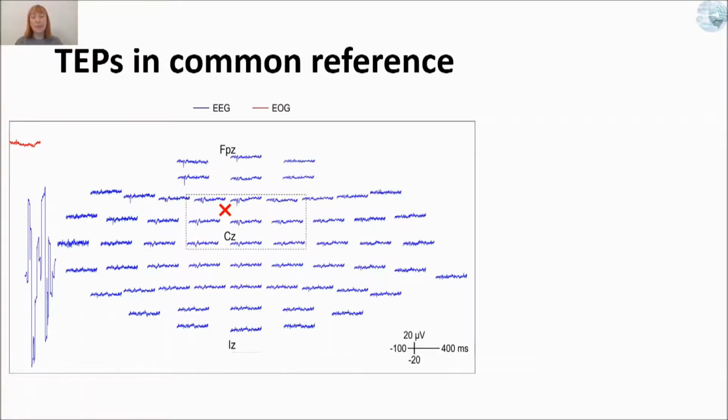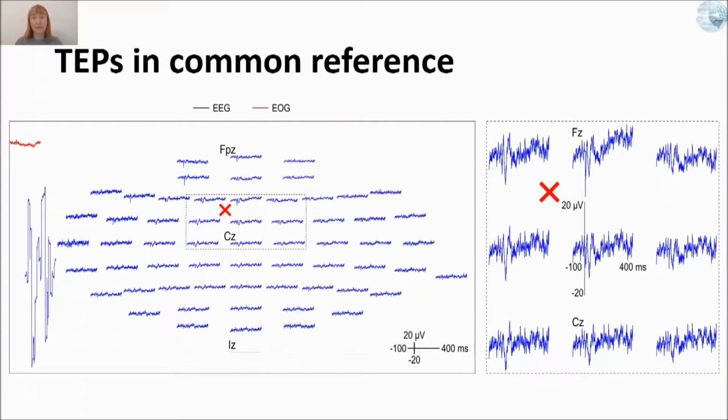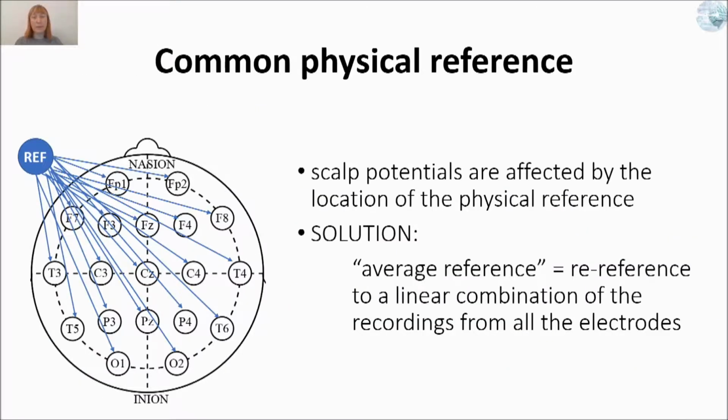This is clear if we look at the TEPs in common reference recorded over different channels. Their waveforms are very much correlated, and this is an effect of a common physical reference. To reduce this effect, it's possible to re-reference each channel to a linear combination of the recordings from all channels. This solution is called average reference.